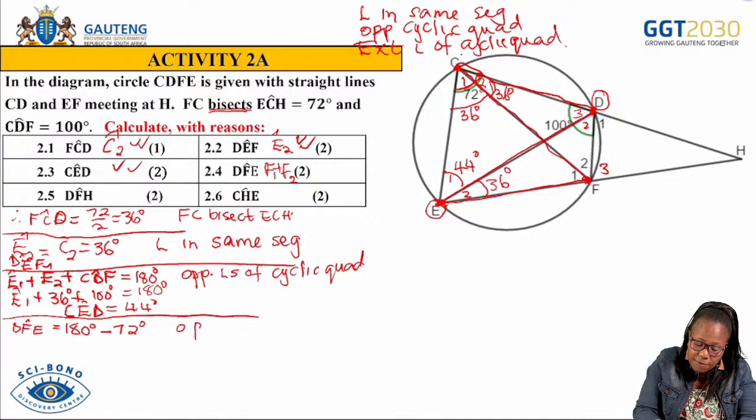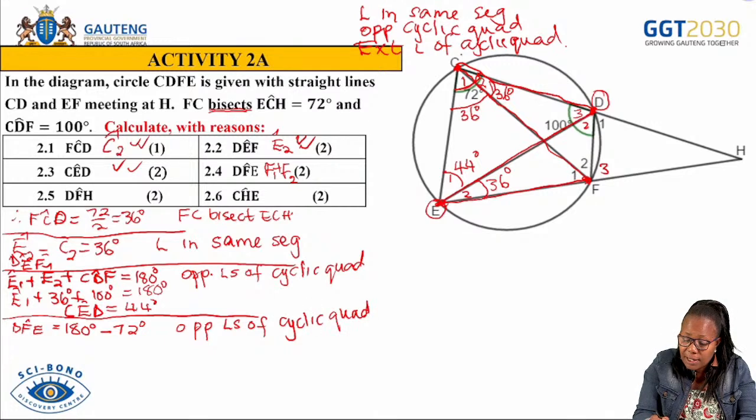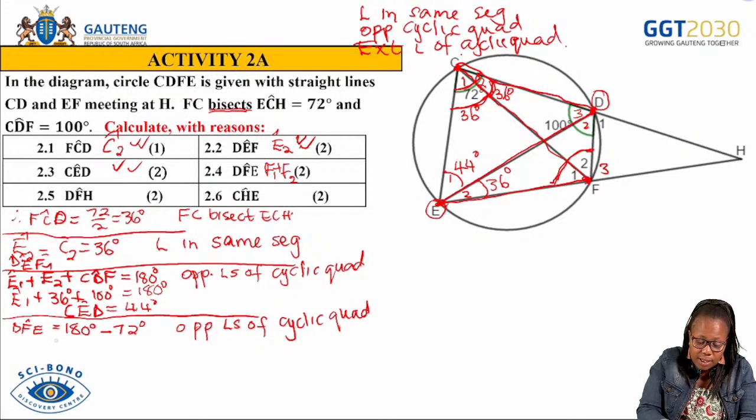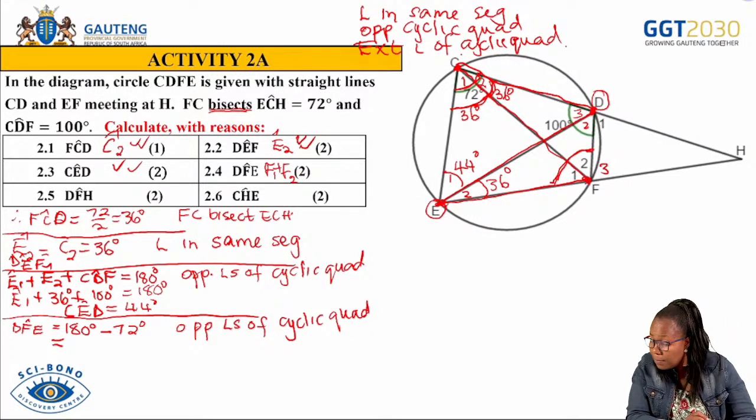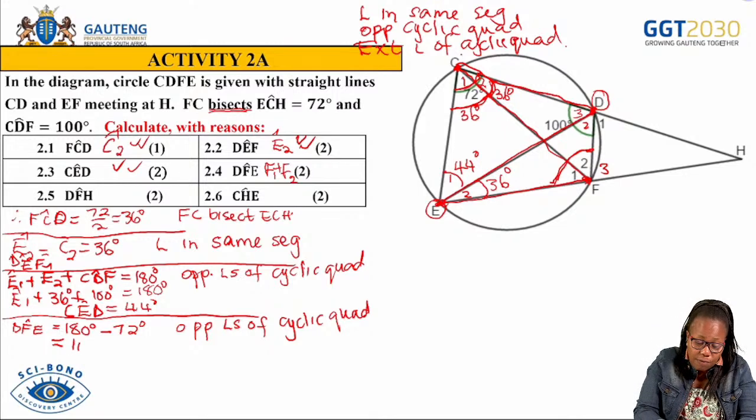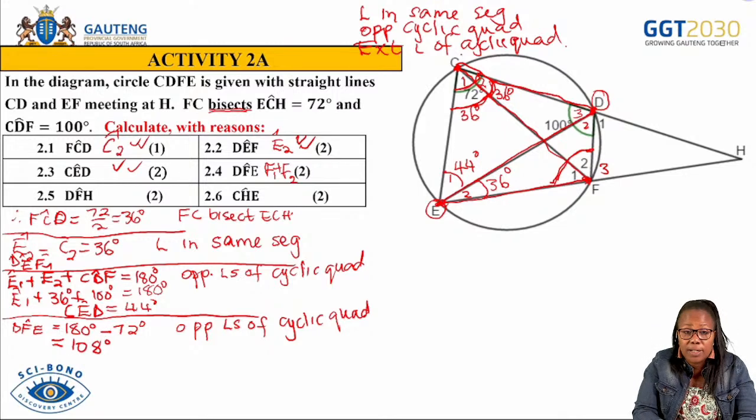Where does it come from? Opposite angles of a cyclic quad. This angle here is opposite to that one. If I want to calculate this one here, I will say 180 minus this opposite. And then this DFE is now giving us the value of 108 degrees.